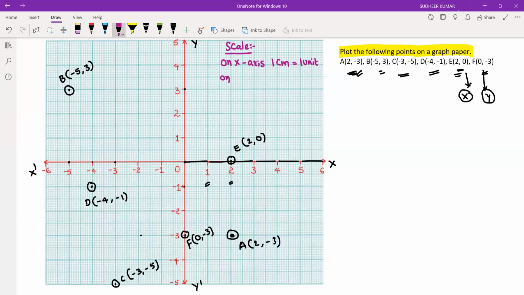And on the y-axis, in this case, 1 centimeter equals 1 unit. These two need not be the same. Sometimes we may take 1 unit here, and 2 units, or 3 units, or 5 units there, as per our requirement. I hope it's clear.